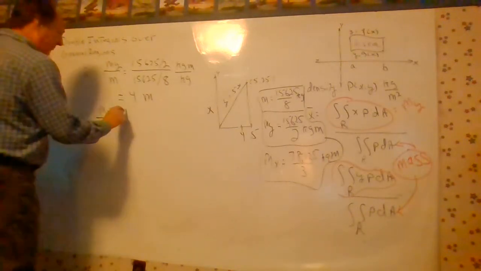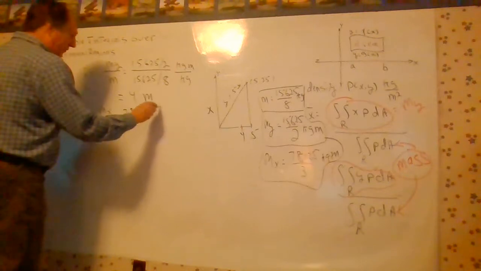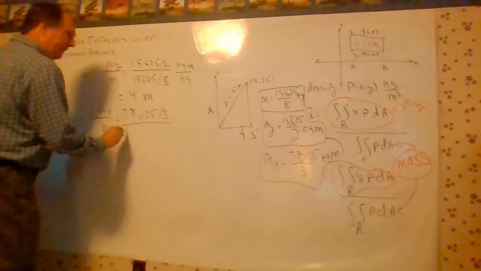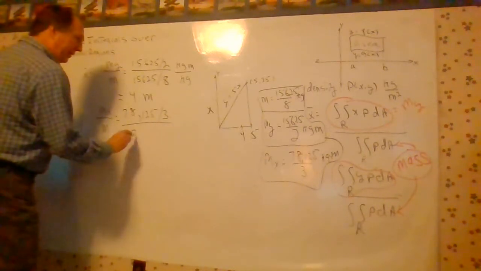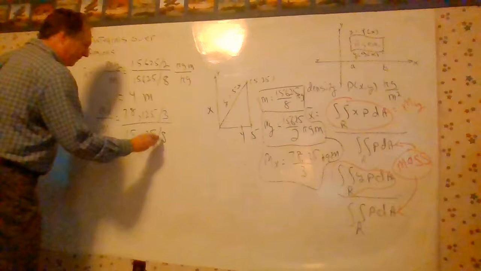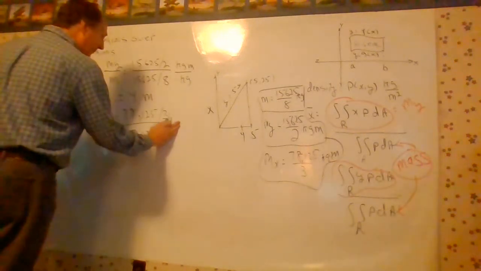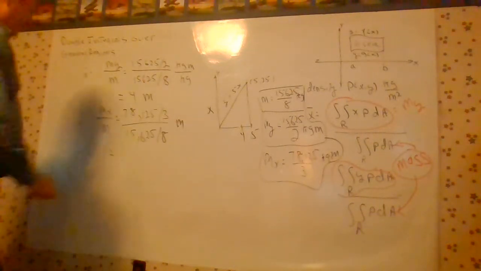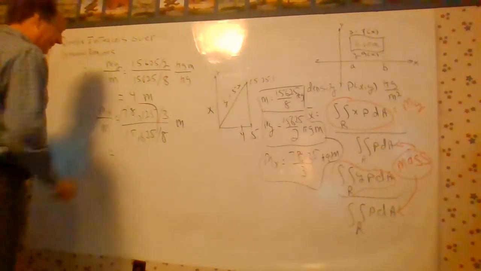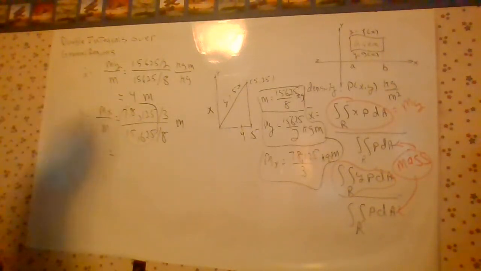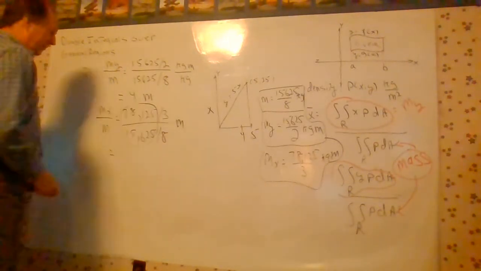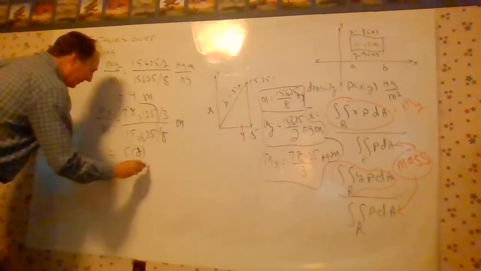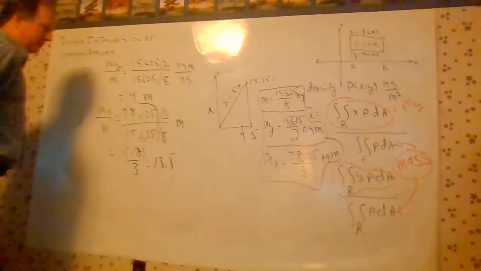M sub x is equal to 78,125 over 3 divided by the mass, which in this case is 15,625 over 8, and this is going to be meters. This is actually just a factor of 5 right here in disguise. This was an extra power of 5, so you can move the 8 up here with a 5, and we get 5 times 8 over 3, which is 13.3.